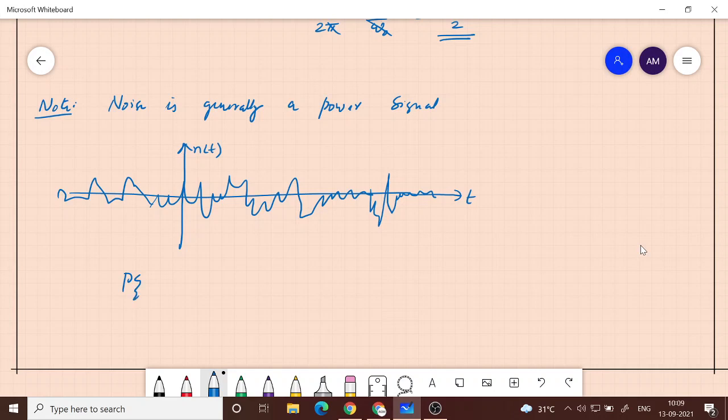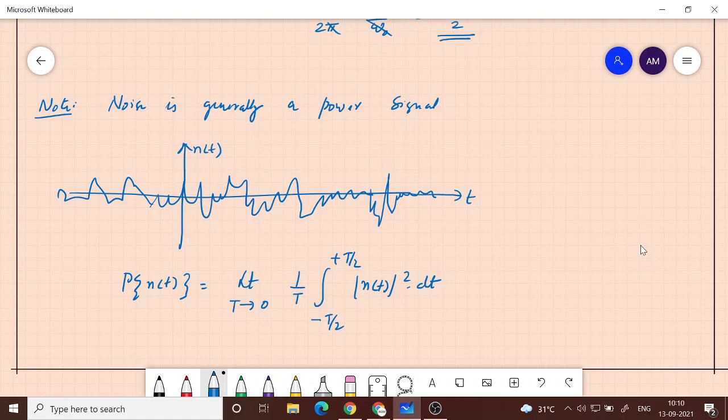So the power of N of t, you have to evaluate as the limit t tends to infinity of 1 by t times the integral from minus t by 2 to plus t by 2 of N of t modulus square dt.